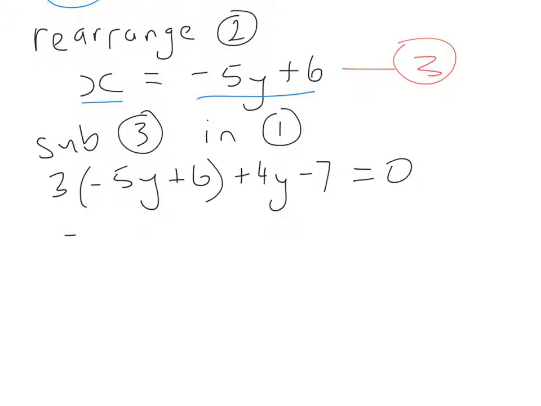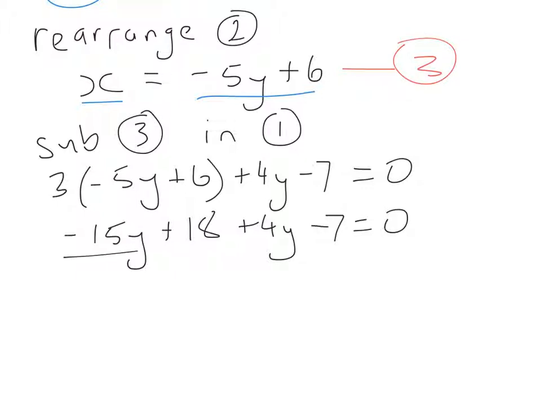So if I expand that, I get minus 15y plus 18 plus 4y take away 7 equals 0. And if you collect like terms, minus 15 plus 4 is negative 11y, and 18 take away 7 is 11.